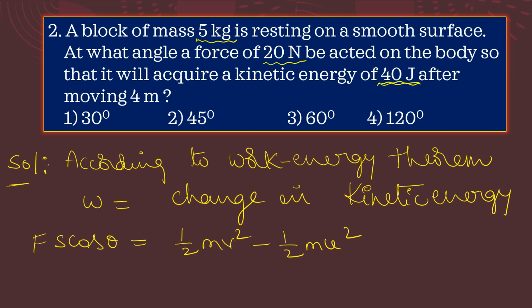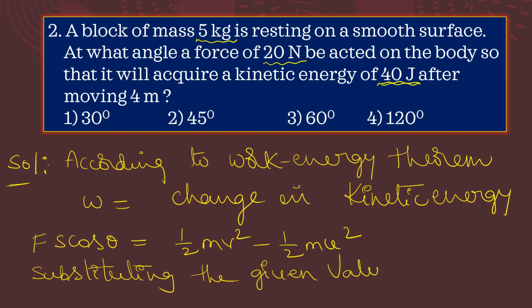So substituting the given values, we get 20 into 4 into cos theta is equal to 40 minus 0.